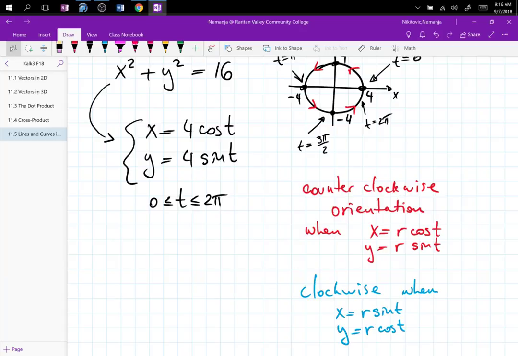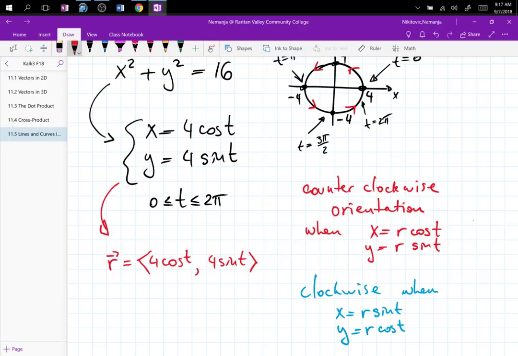Now, if I want to use the language of what we just did, I can write this circle as the vector valued function (cosine t, sine t). So the vector valued function is just a new label. If you know how to parametrize, you already have parametric equations. All you need to do is write those parametric equations in a vector, and there you go. You have your vector valued function.